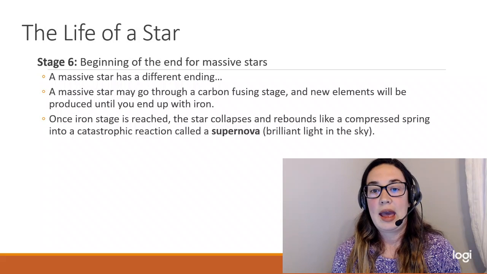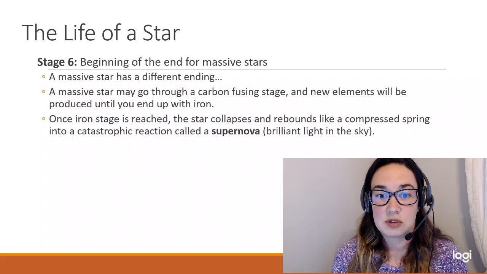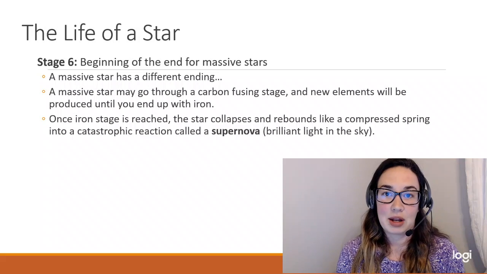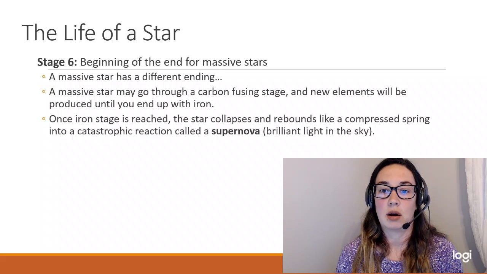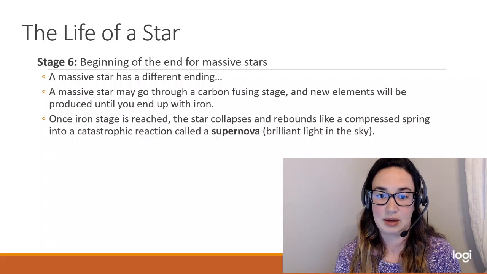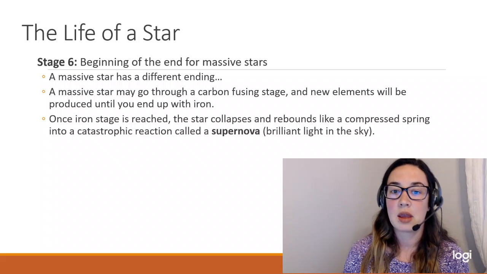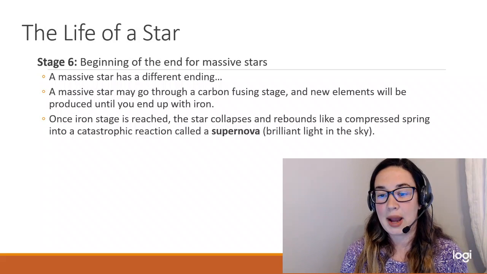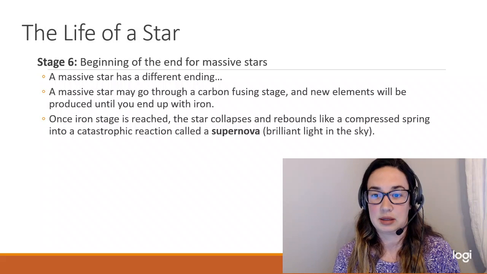Now, if we have a more massive star, however, they have a much different ending than our less massive stars, where that explosion is happening. When we have a massive star, the massive star might go through a carbon fusing stage.